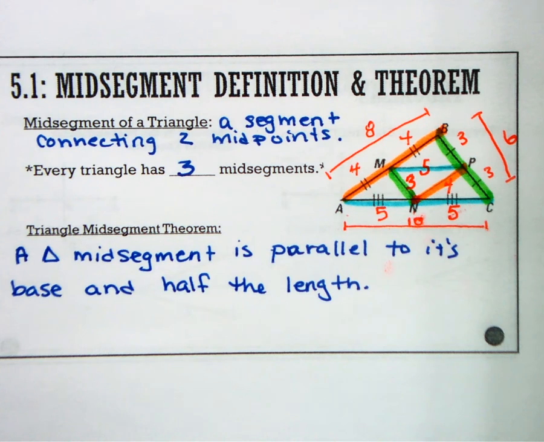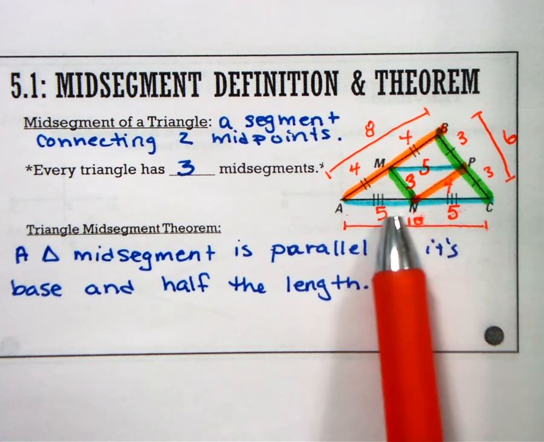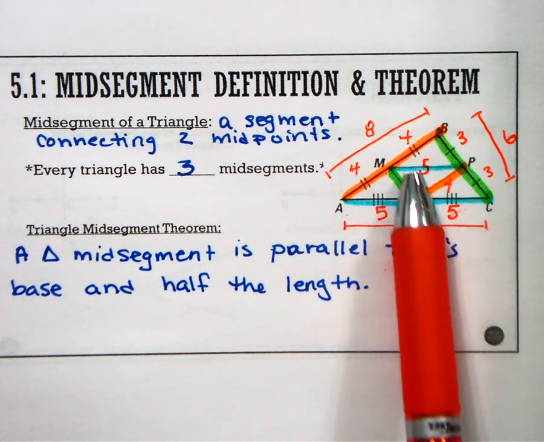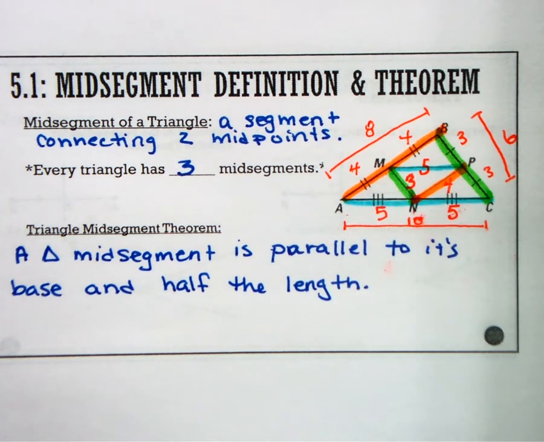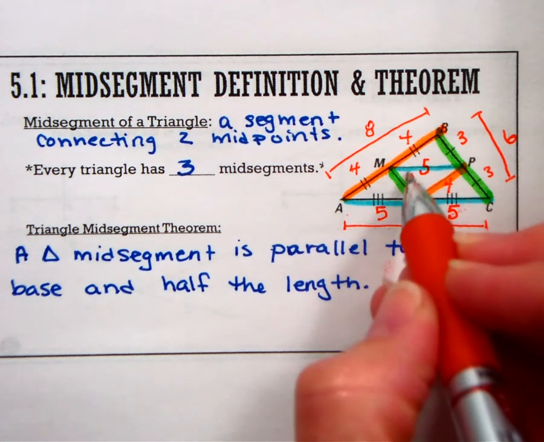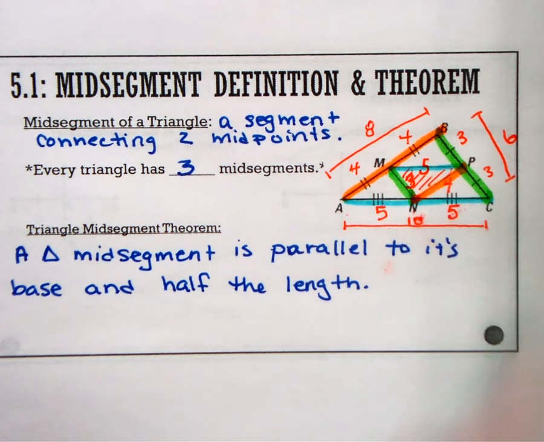But what is true? What happened when I put all 3 of those mid-segments in that triangle? Okay, so yes, it is true that this length is 10 and this length is 5, but when I put all of those in there together, what happened and what is true about this little triangle here in the middle?